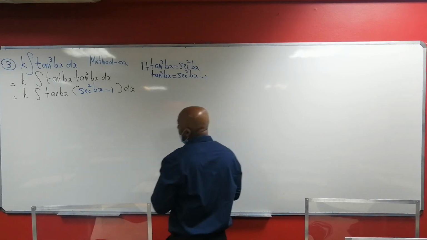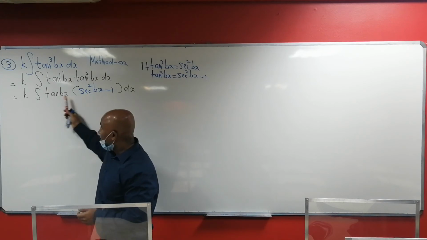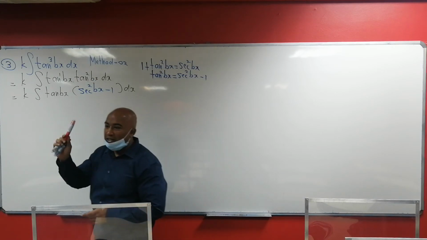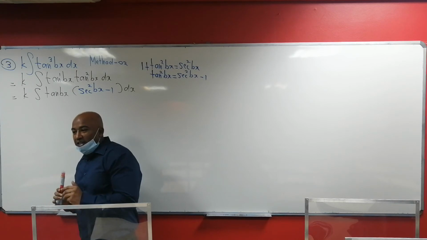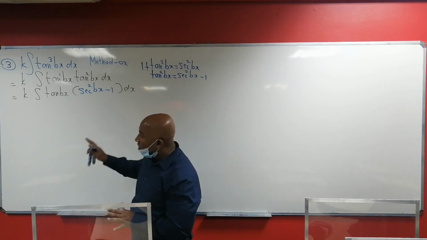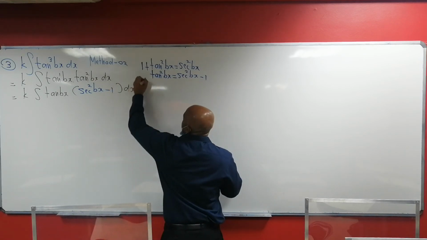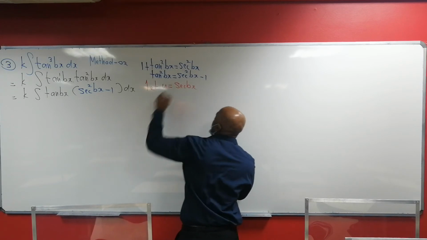So, now the derivative of sec is definitely not tan. The derivative of sec is sec times tan. So it's not an exact derivative, in fact, it's not even a derivative. It's not something where we can just do it by inspection. So let's see what happens. Let u equal sec bx.